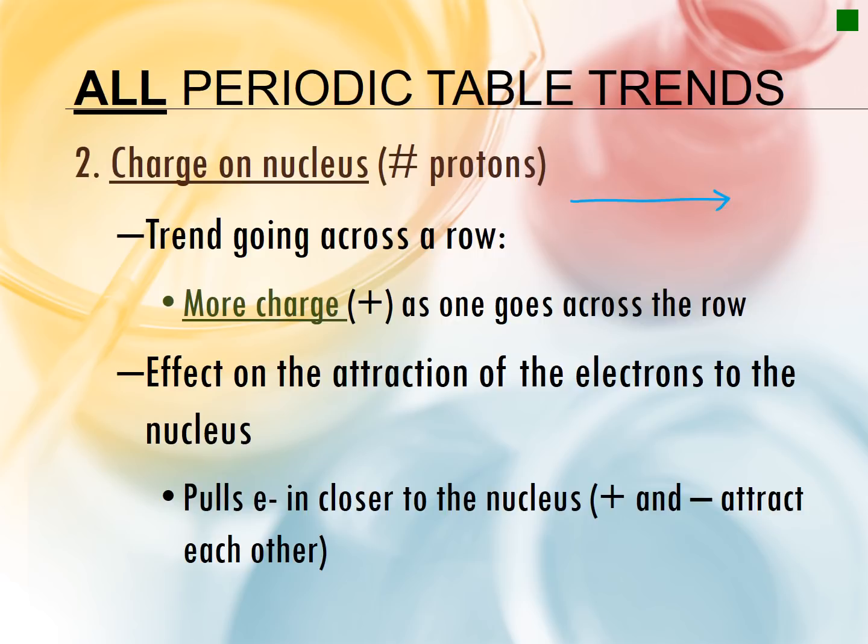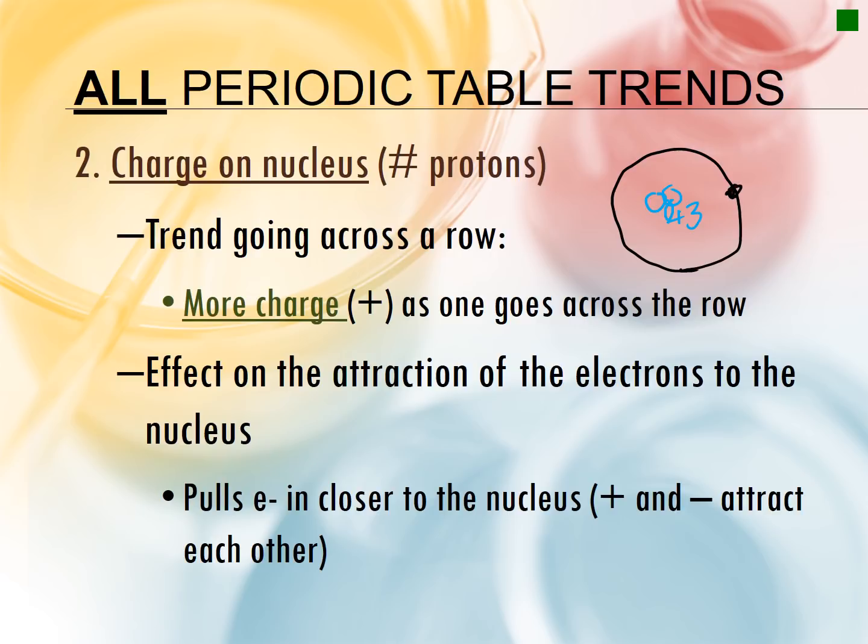So if I'm at the first group, in the second period, I'd have 3 protons, so a +3 in the center, and I've got an energy level here, and I have 1 valence electron on the outside.